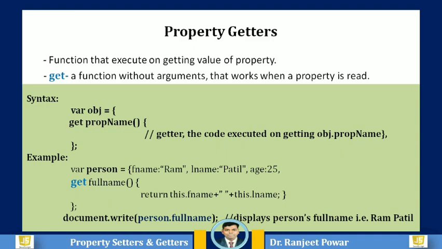All properties that we have been using until now were data properties. The second type of properties is something new. It's accessor properties. They are essentially functions that execute on getting and setting a value, but look like regular properties to external code.